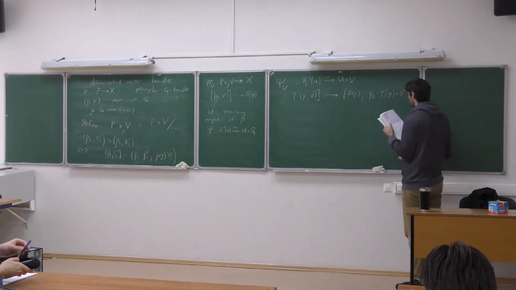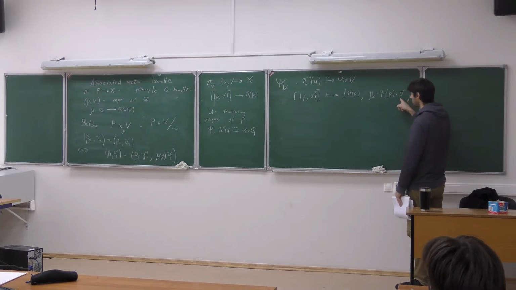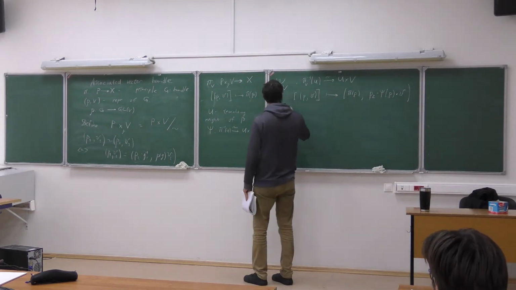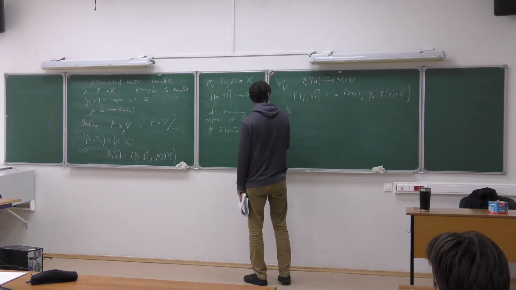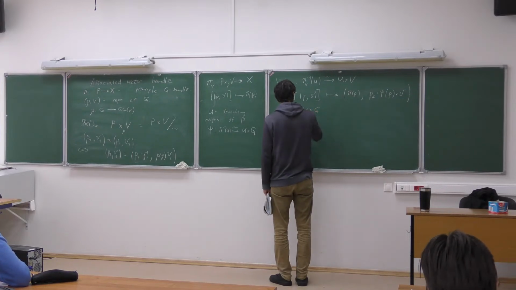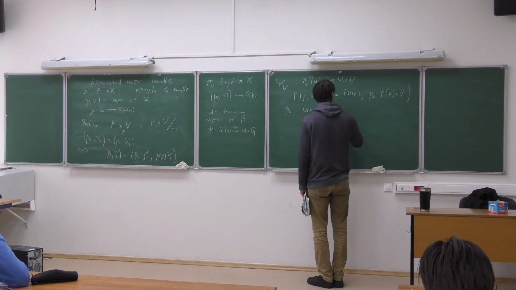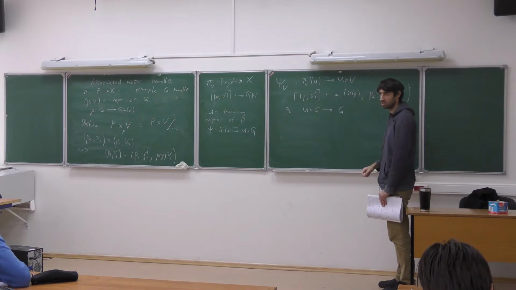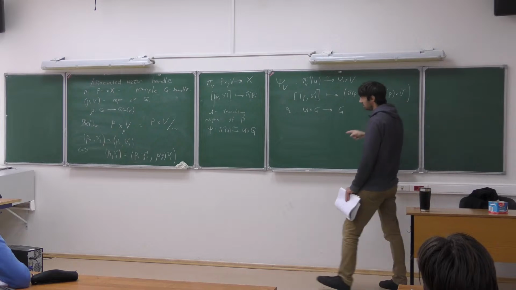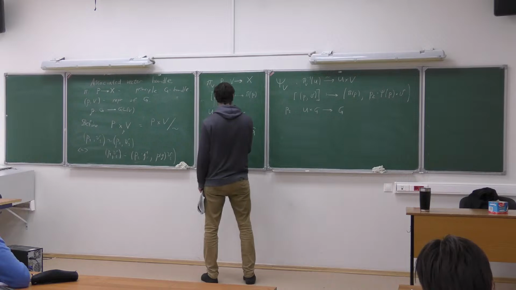Well, the action on V. So again, let us unveil what is going on here. So what is P2, first of all? P2 is the projection from U times G to the second component. Right, so I take psi of p.